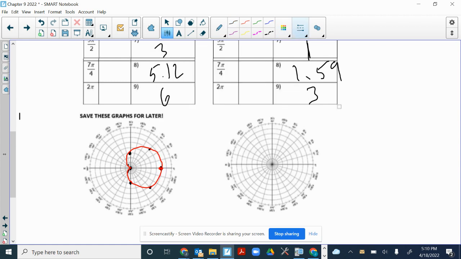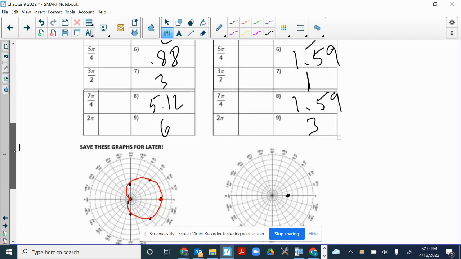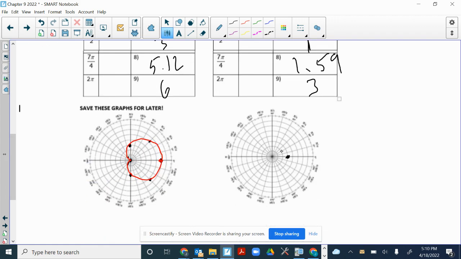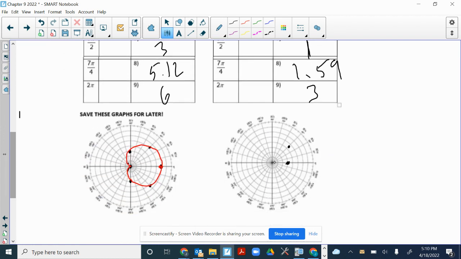We are at 3. So 1, 2, 3. Then pi fourths, we're just a little bit more than 4. 1, 2, 3, 4. Okay, and we estimate those ones, right? Pi halves, we're up at 5. So 1, 2, 3, 4, 5.